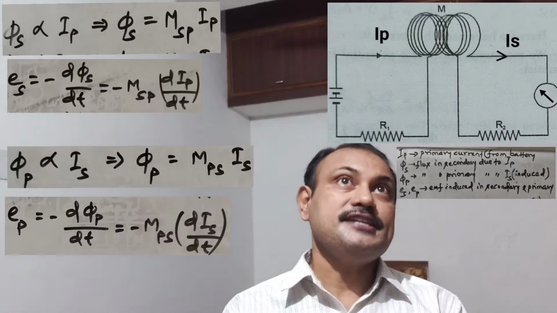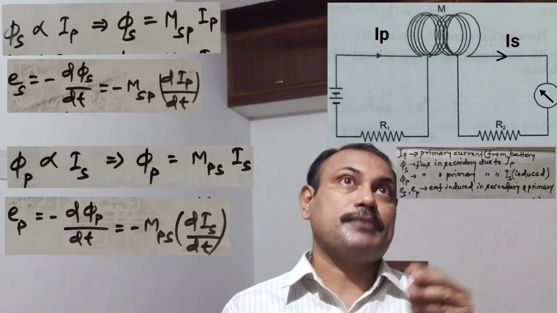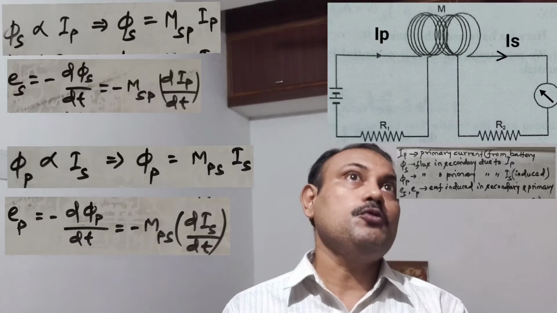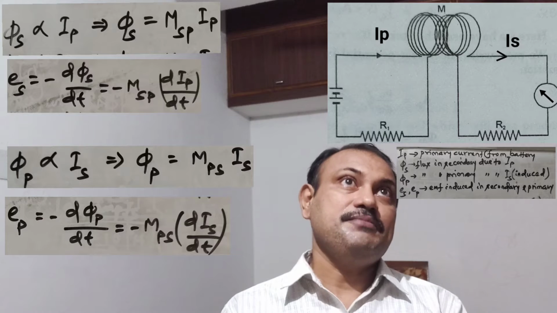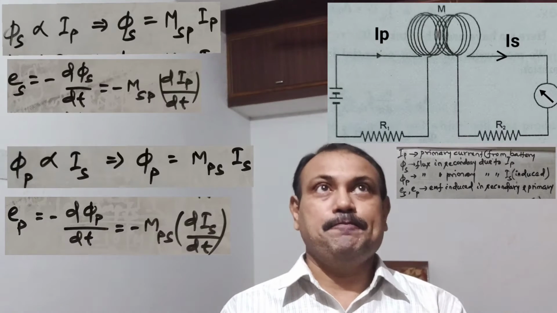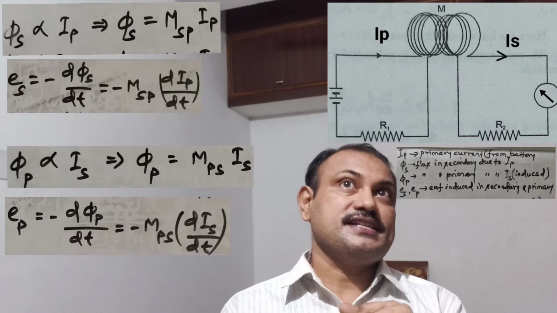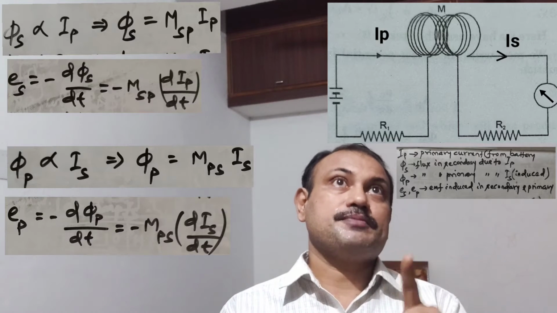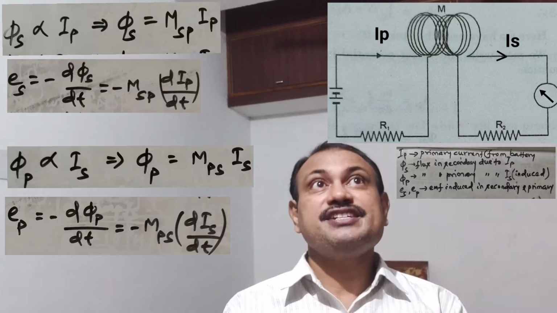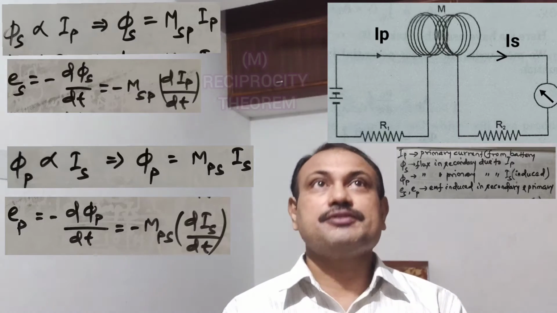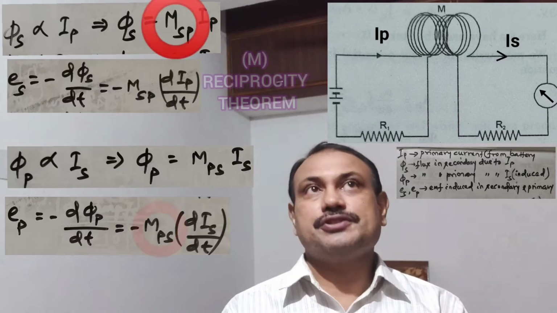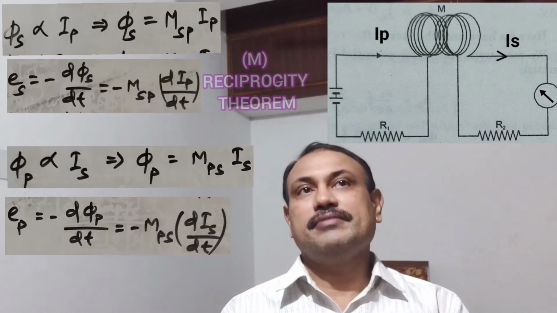And again from Faraday's law, the EMF induced in the primary must be equal to minus d phi P by dt, which is minus MPS times dIS by dt, where MPS is the coefficient of mutual induction of primary with respect to secondary. From the reciprocity theorem, which will be discussed in our subsequent class, MSP must be equal to MPS, which we can call M, let us say.